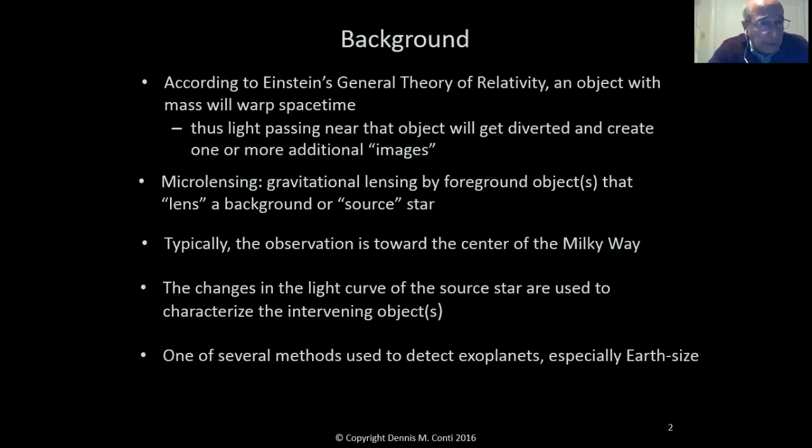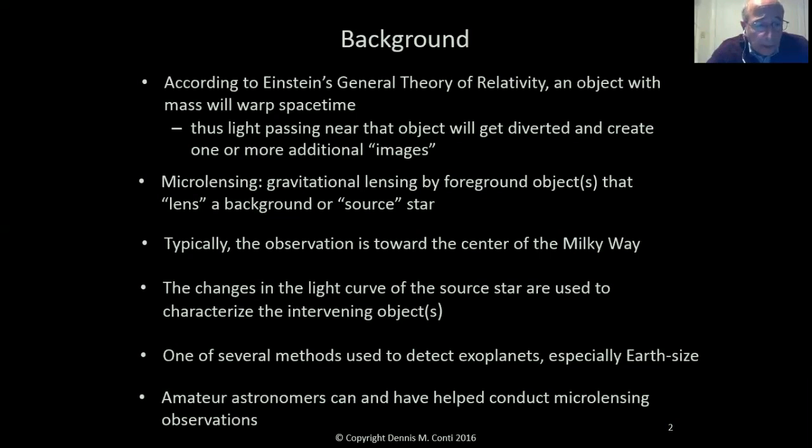Unlike the transit method, where we look at the drop in the light of a star based on a planet moving in front of it, which is typically used to detect what we call hot Jupiters, namely large planets of the size of Jupiter or larger, Earth-sized planets would hardly be detectable using the transit method. The advantage of microlensing over the transit method is the ability to detect Earth-sized planets.